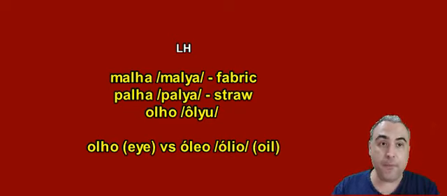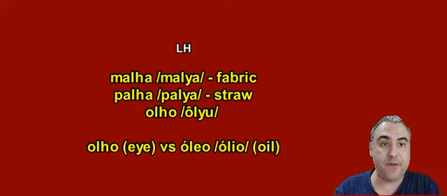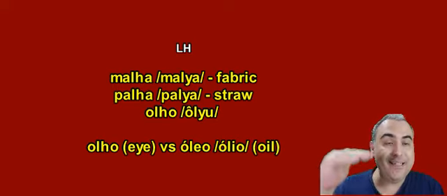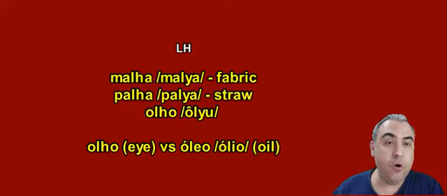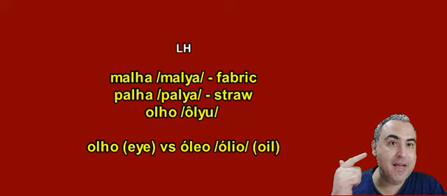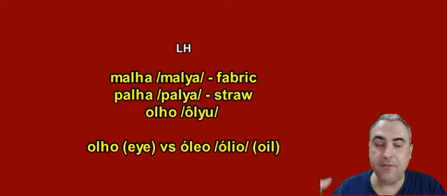You're going to see that when we get to grammar. So be ready. Many words that have a closed O as a stressed vowel change to an open O in the plural. So olho is eye. The plural of olho, however, is olhos, eyes. Meus olhos, my eyes.